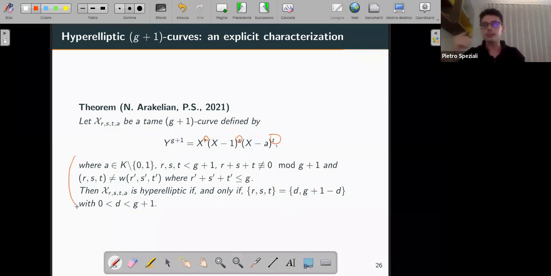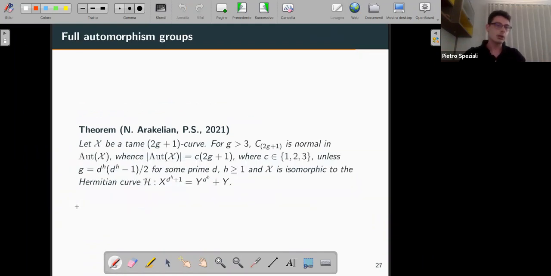If not, it's not. Once we settled this, of course in the hyperelliptic case you have the hyperelliptic involution, which is normal in the automorphism group, and the quotient is isomorphic to a finite subgroup of PGL2(K). So you have a lot of information there. The first thing we managed to prove here is the full automorphism group of a tame 2G plus 1 curve.